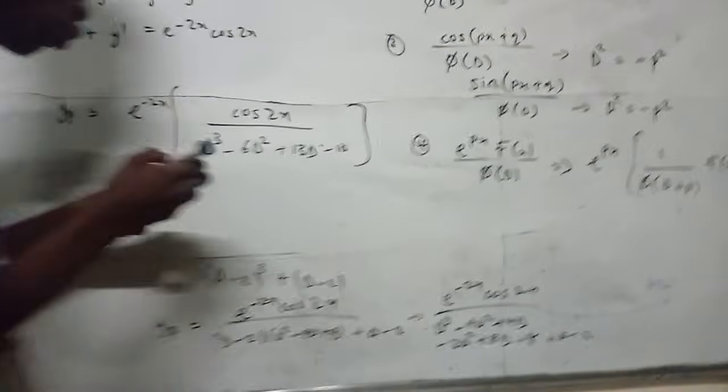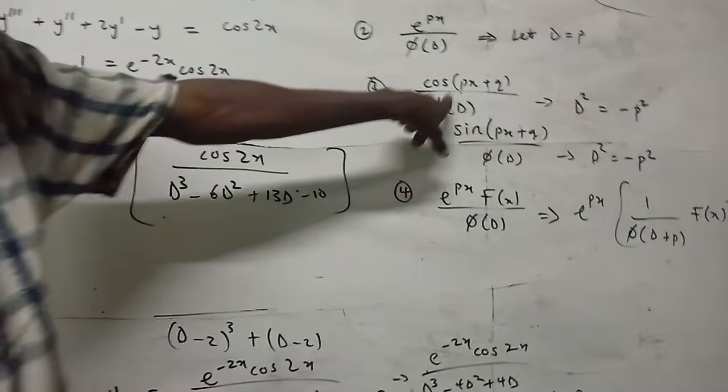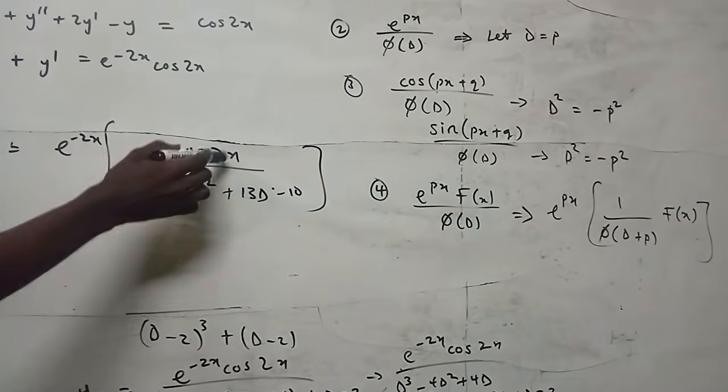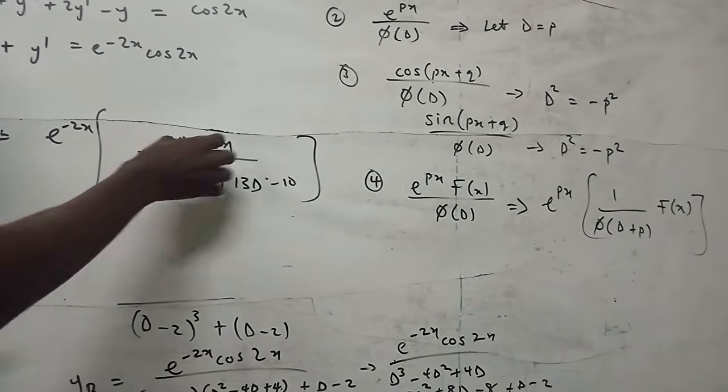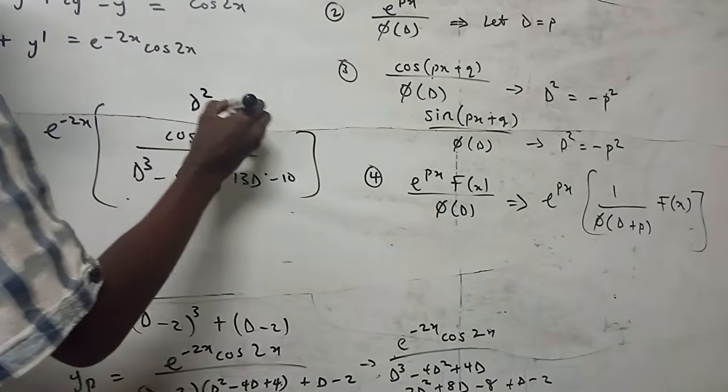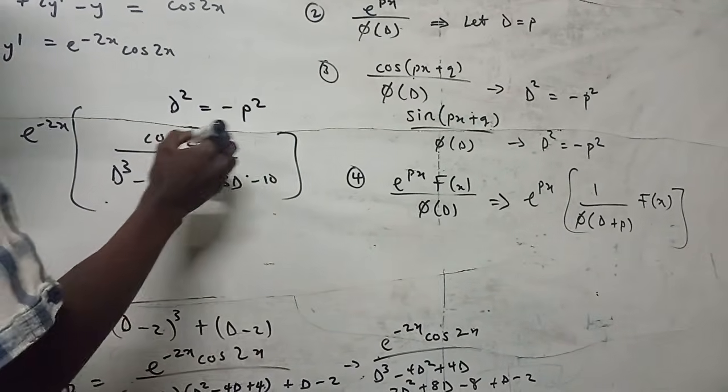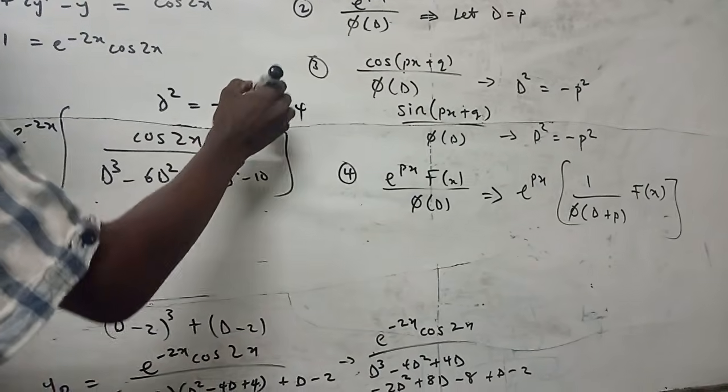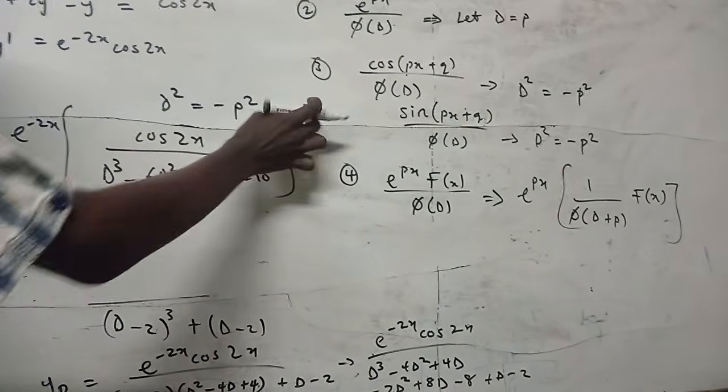So we are now going to solve this one normally. So we are going to use this cos px plus q, where our p is now 2. So we are going to do d squared equals minus p squared. Our p is now 2, so p squared is 4, so that's minus 4.